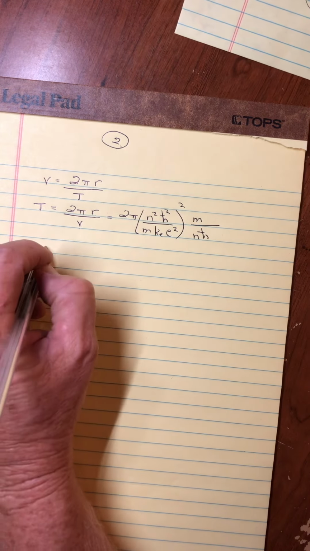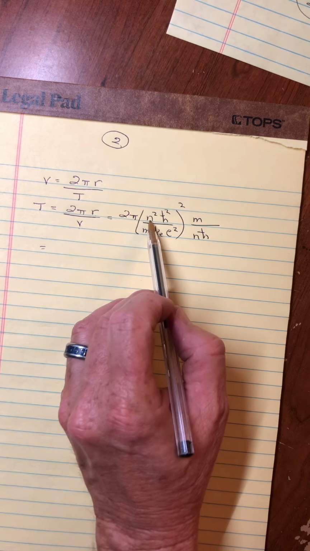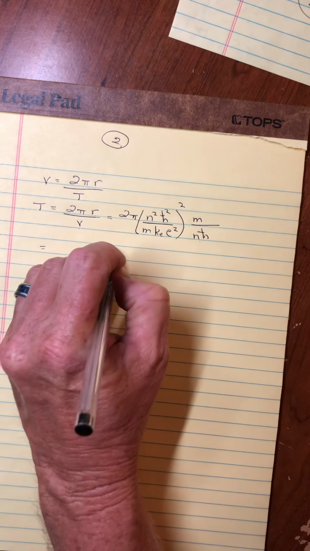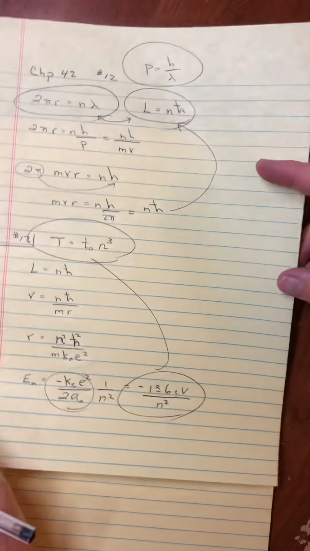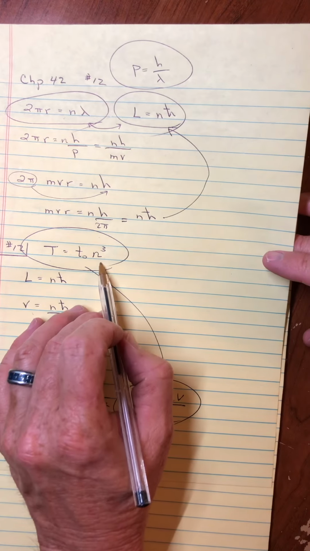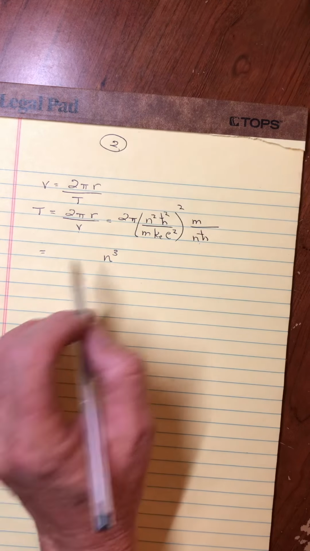You'll see the important piece here: we've got n squared squared, so that's n to the 4th divided by an n, and there's our n cubed. And so that's what we're asked to show, that the period is some constant times the principal quantum number raised to a 3rd power. So we have that.